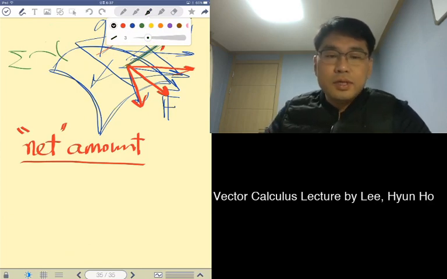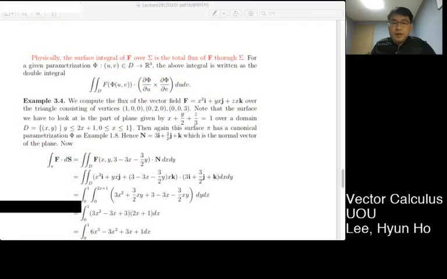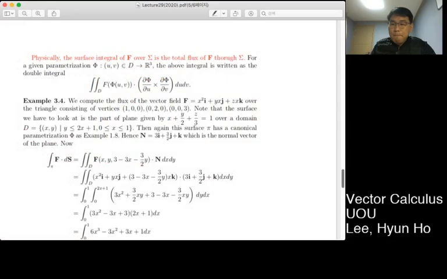Okay, so let's come back to the file, and let me compute this example.